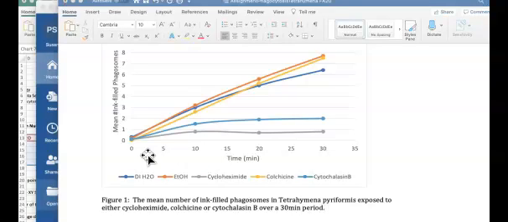There, I've written a sentence that summarizes for the reader what they're looking at.